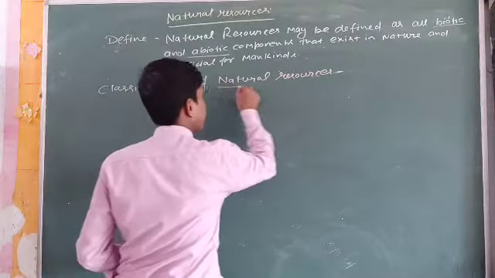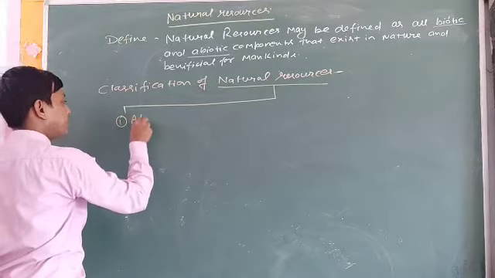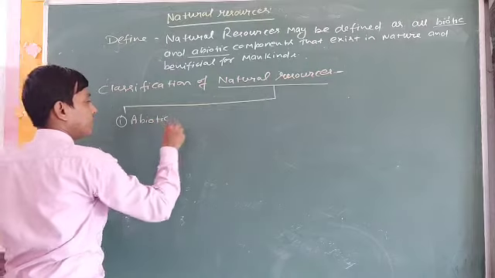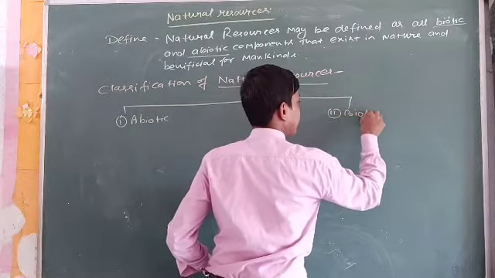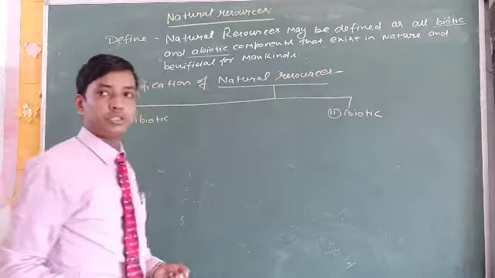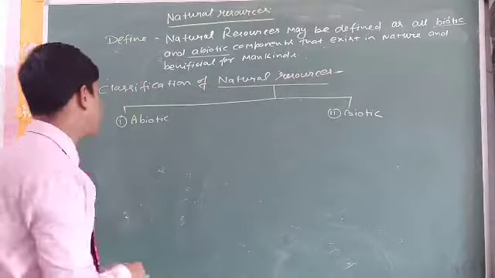So natural resources may be categorized as abiotic and biotic. Abiotic and biotic substances are the major groups of natural resources.